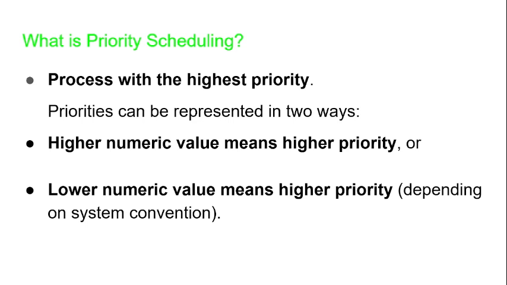The idea here is that the operating system should always run the most important or urgent process first. For example, a system process like handling keyboard input might have a higher priority than a background printing task. That's why priority scheduling is very important in the OS.